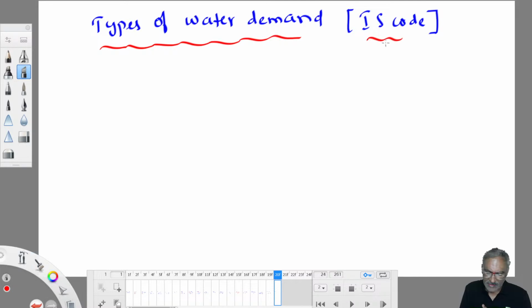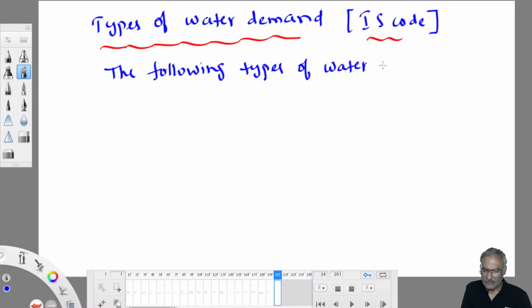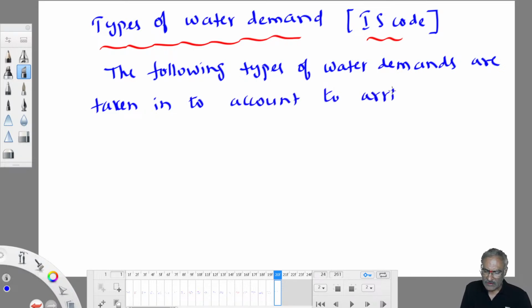As per IS code, the following types of water demands are taken into account to work out total water demand, the per capita water demand.